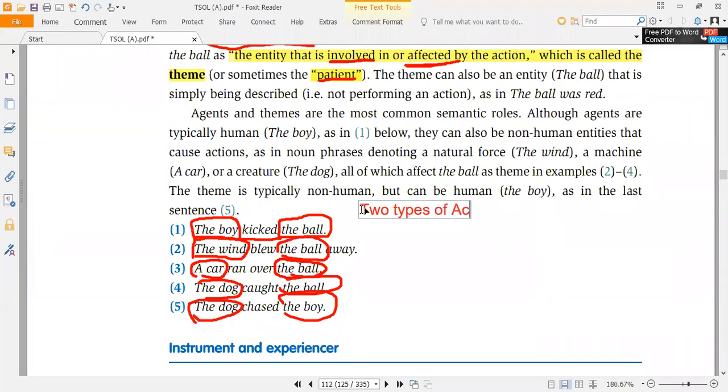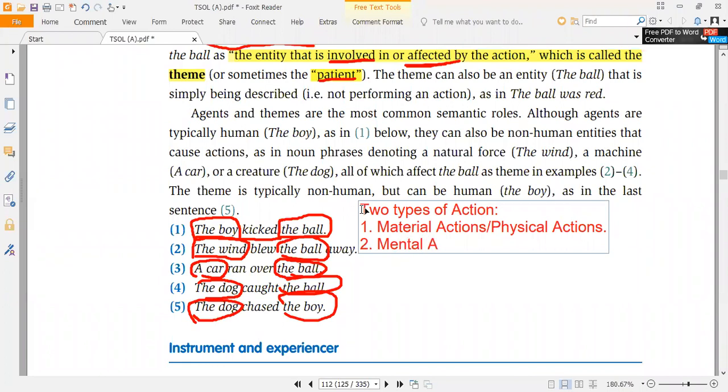There are two types of action, right? The first one is material actions, or you may say physical actions, and the second one is mental actions.